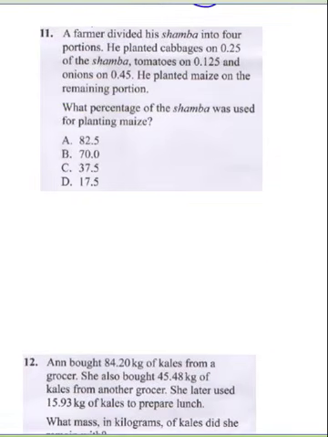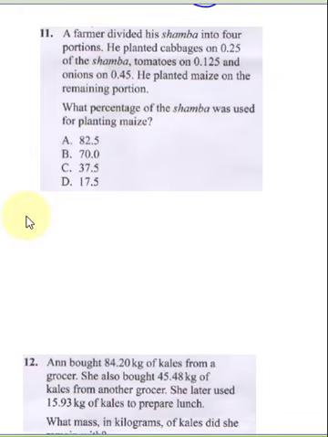Question 11 says, a farmer divided his shamba into 4 portions. He planted cabbage on 0.25 of the shamba, tomatoes on 0.125, and onions on 0.45. He planted maize on the remaining portion. What percentage of the shamba was used for planting maize?